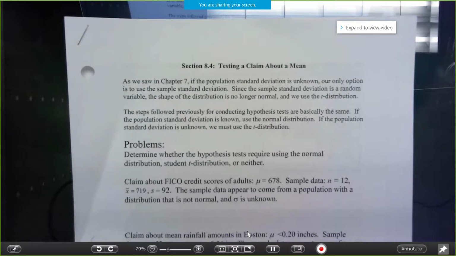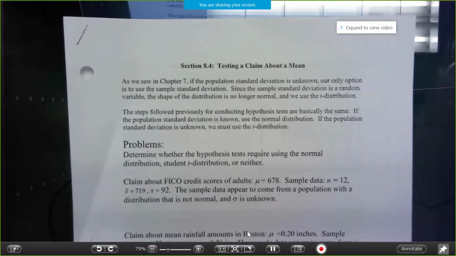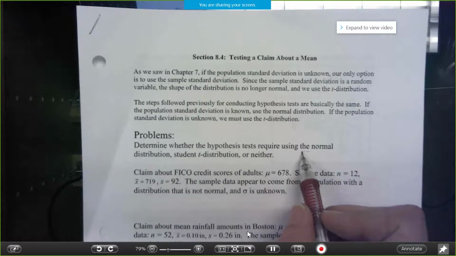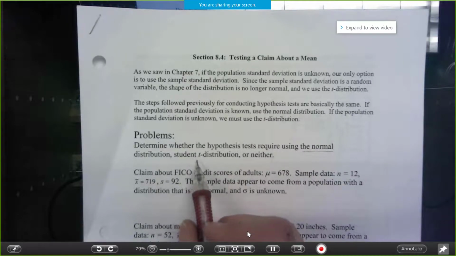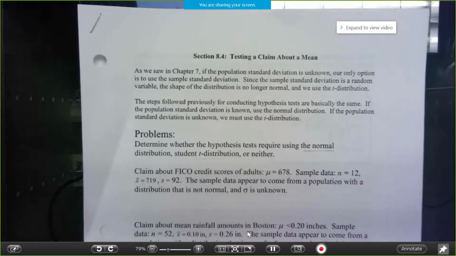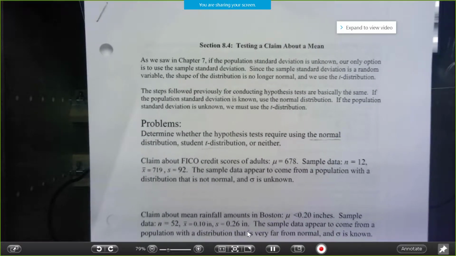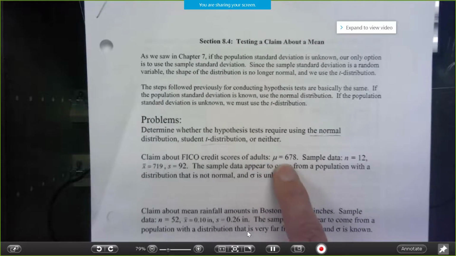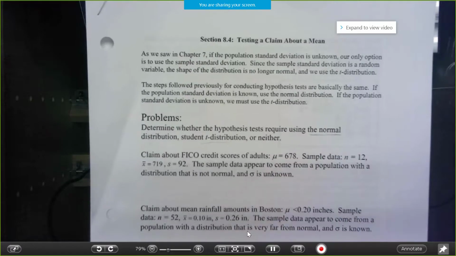So these first couple of claims, all we're doing is saying whether we're going to use the normal distribution, the t distribution, or neither. We're not going to do the test, we're just going to say which applies. The first one is about FICO credit scores of adults. So the mu equals 678, that would be our null hypothesis.